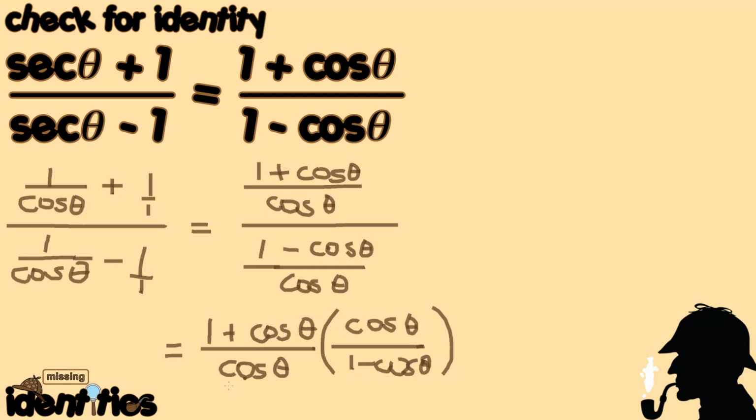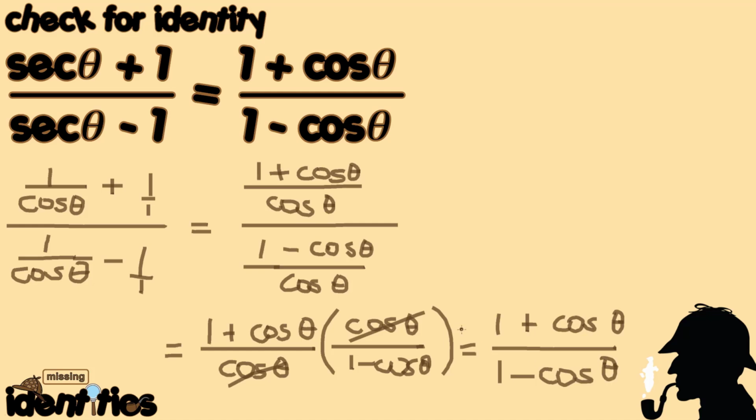What we could do here is cancel this and that, as they are factors, leaving the final form 1 plus cosine theta, because the cosine theta here is already removed, all over this denominator 1 minus cosine theta.